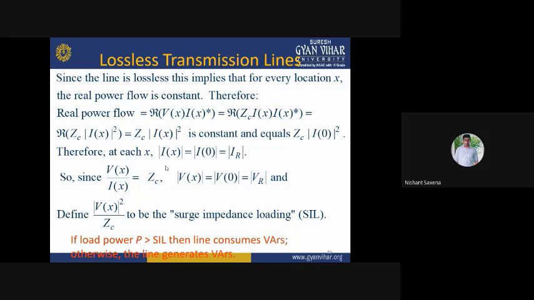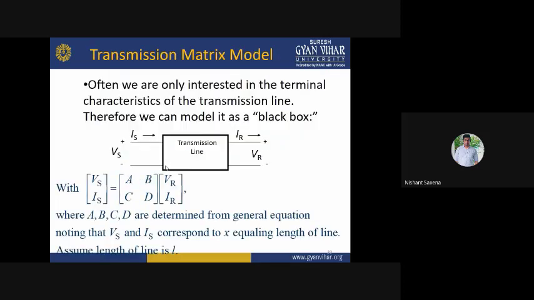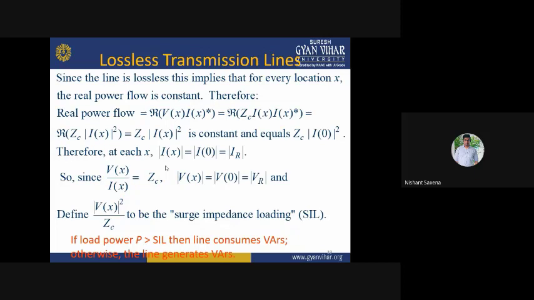So if the surge impedance loading of the transmission line is more than the load power, it will generate reactive power, and if it is less than the real power, it will consume VARs or reactive power. This is the importance of analyzing lossless transmission lines, where we need to understand how the values are considered.